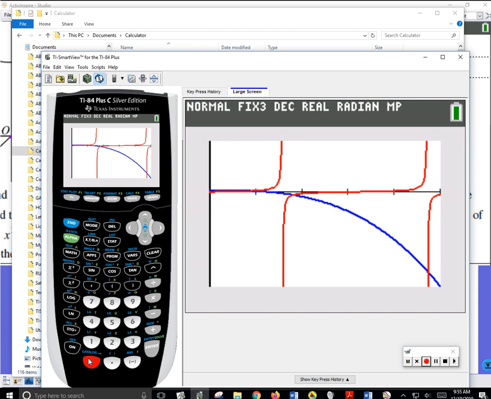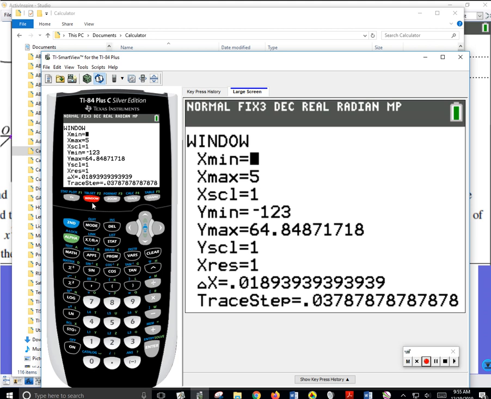Go back to window, and you either want to change this to 10, or cut it in half, like say 2. I wouldn't do decimals, just 2 is fine. And just guess which one seems better. What do you think? 10 or 2? 2 sounds like what most people are saying.